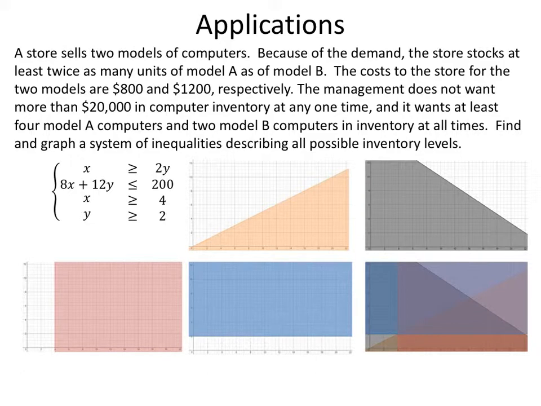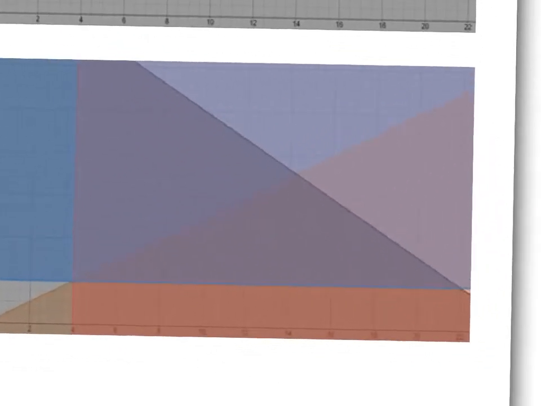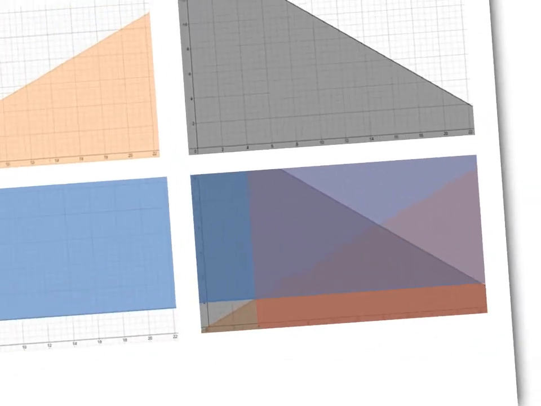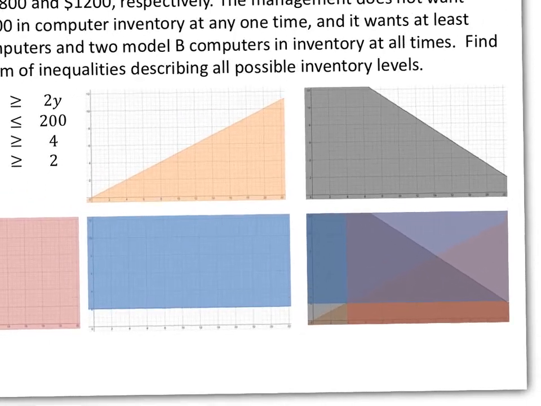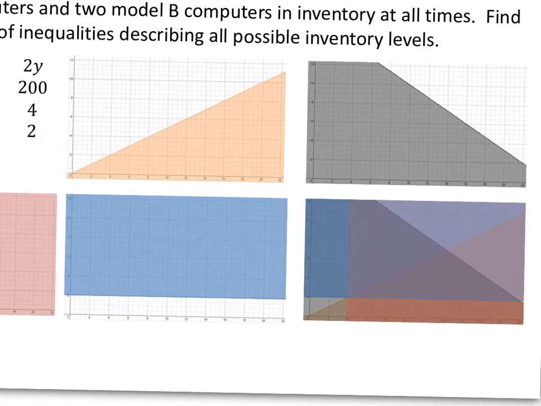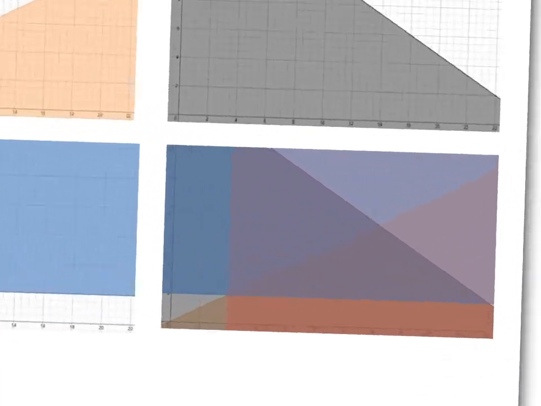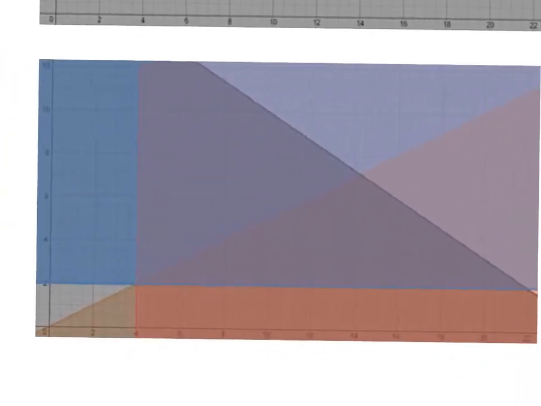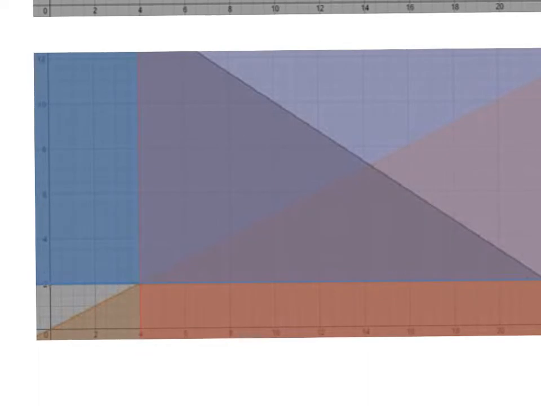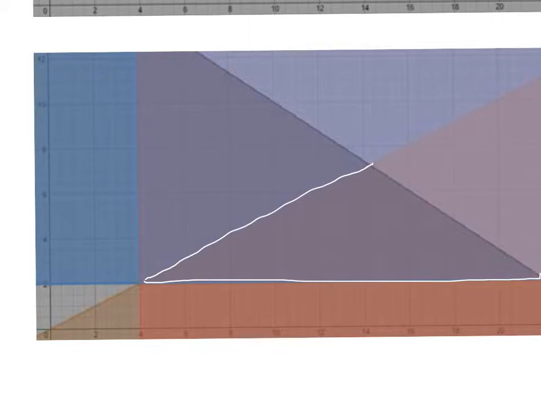Now, when we zoom in to see the graph of all 4 of them, keeping in mind what all of these look like, we can see, and I'm going to draw this in white, that this triangle here is where we need to keep our inventory levels.